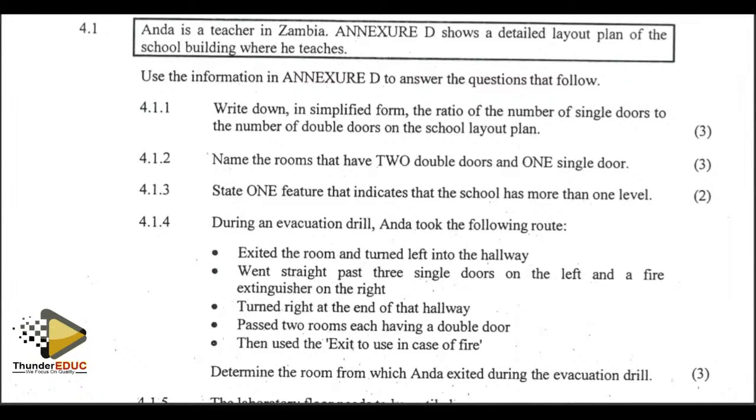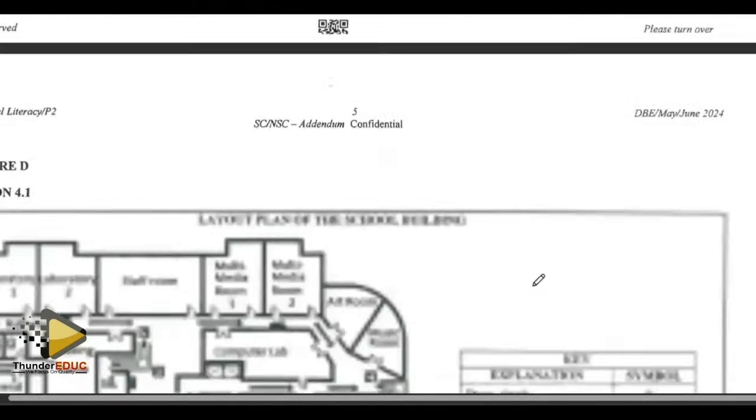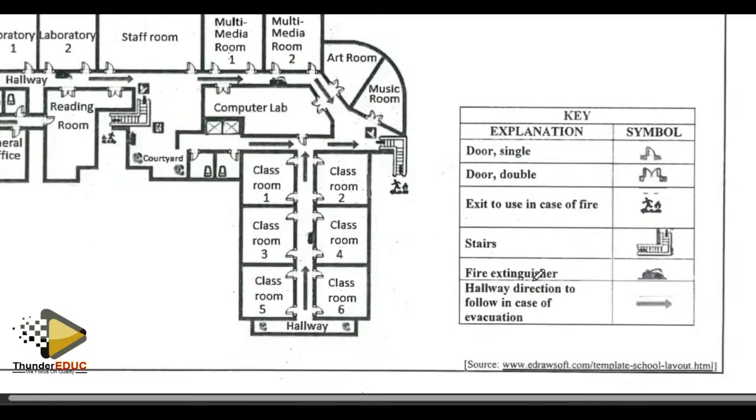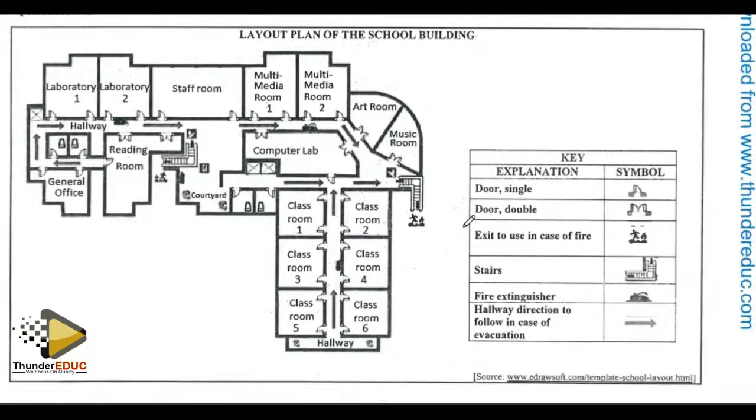Take note of that. We are looking at the ratio of the number of single doors to the number of double doors. So your ratio should be, look at the next year. This is how the next year looks like. Let's reduce it a bit. It's fine now. This is 4.1, and next year D.